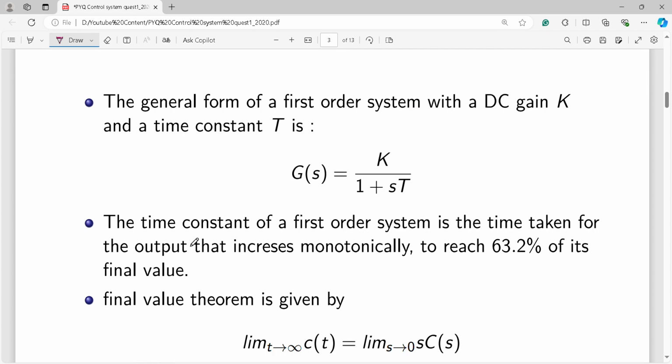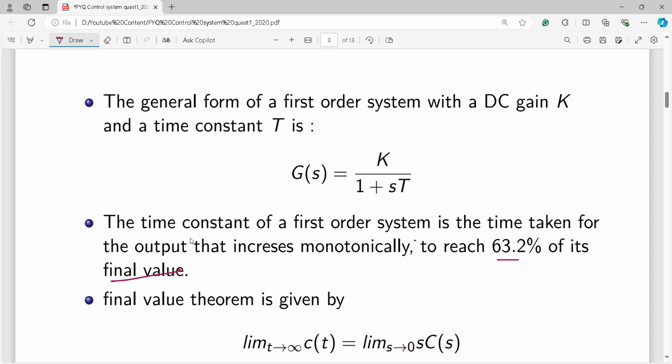And what is your time constant? In a first order system, the time constant is the time taken for the output that increases monotonically to reach 63.2% of its final value. So how much time would it take to reach this percentage of the final value?